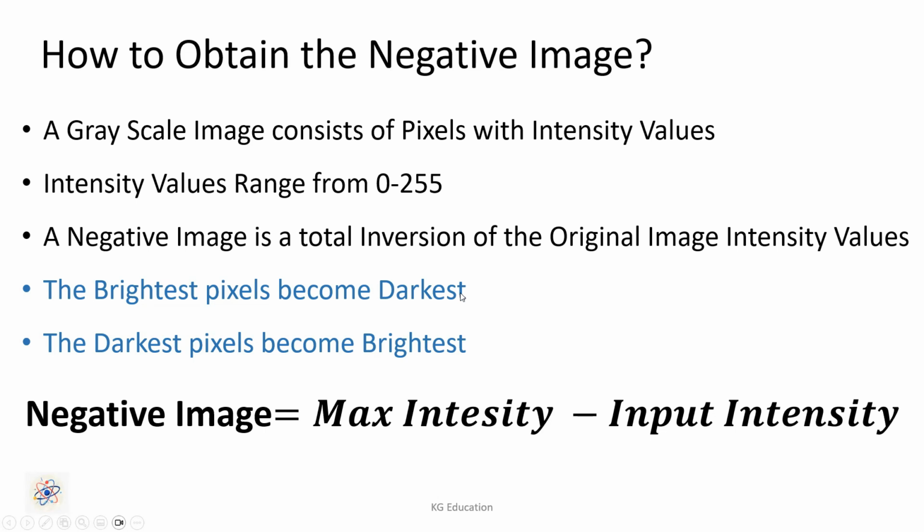Therefore, we have to identify the maximum intensity value in the particular given grayscale image. Then we individually access each pixel location, identify its intensity value, and simply subtract. Finally, we can obtain the negative image.